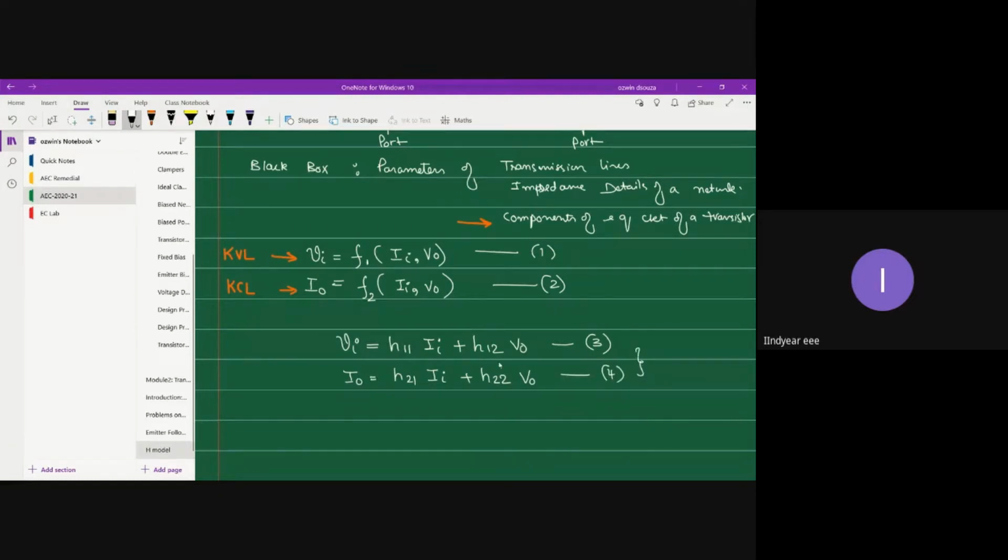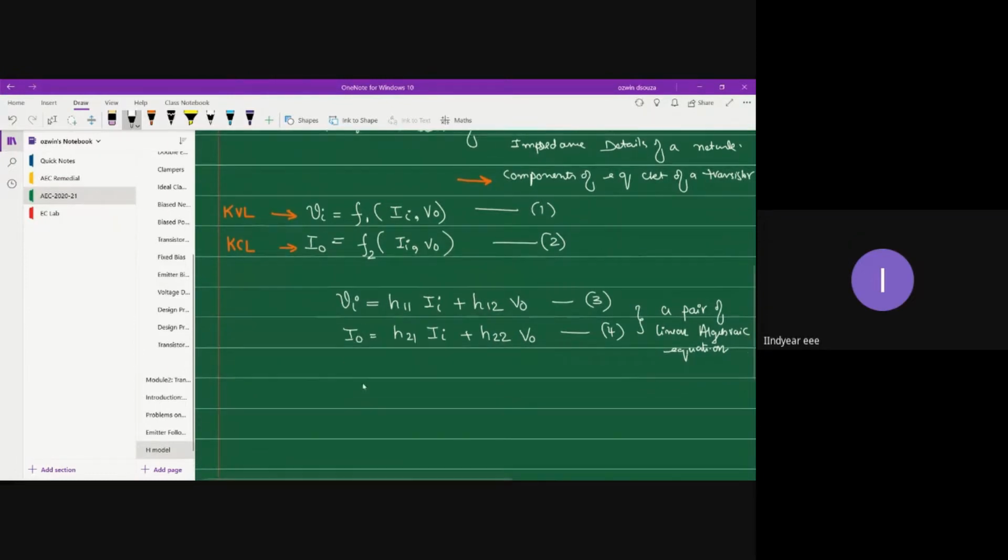So I have taken a pair of linear algebraic equations which talk about the input voltage and the output current. Now, if you look at equation 3 and equation 4, you observe that equation 3 consists of a product associated with current and also a product associated with voltage.